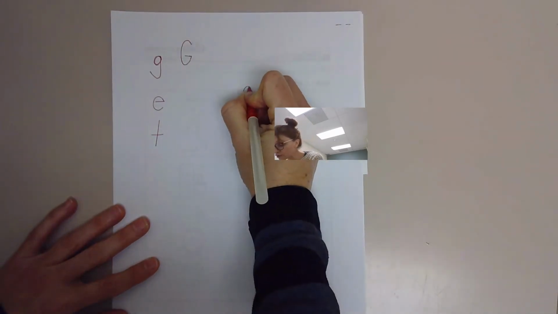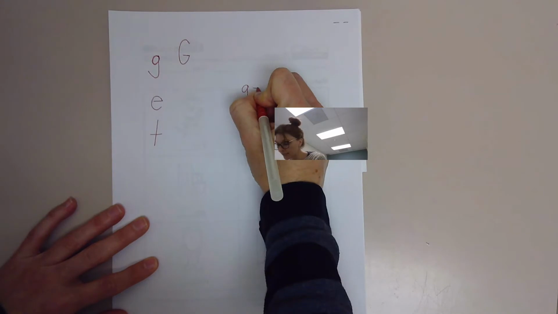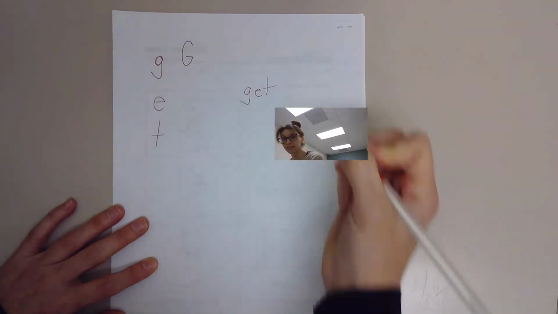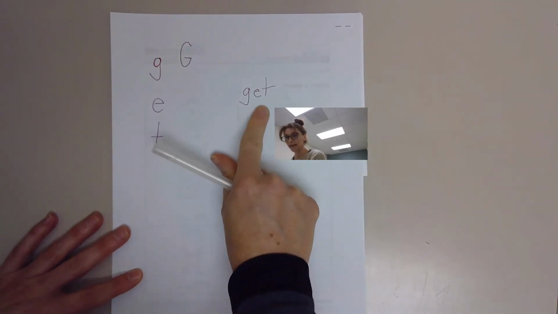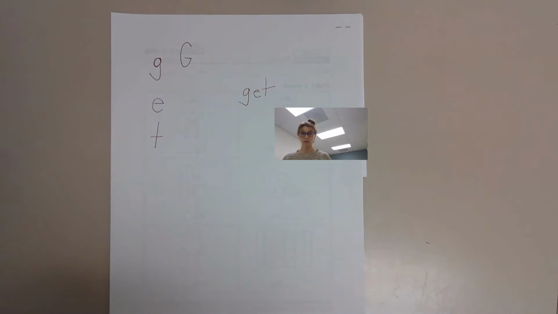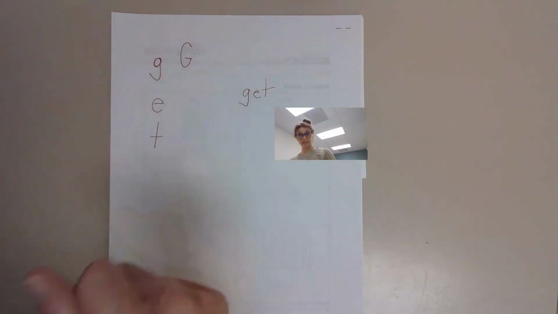If we put in the G, G, E, E, and then the T, T, G, E, T, get. We made the word get. So, that is another word that we will be seeing in this story.